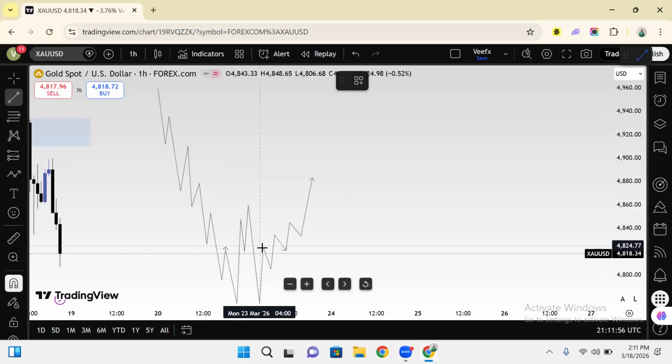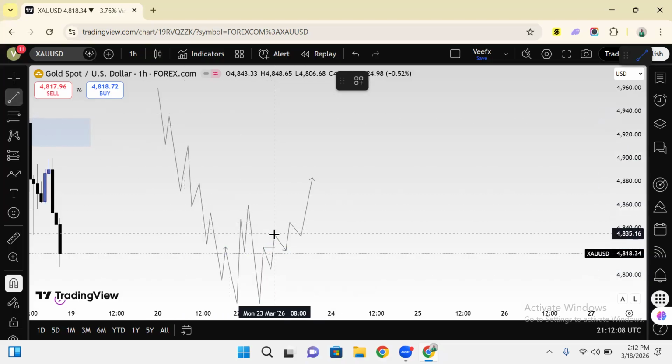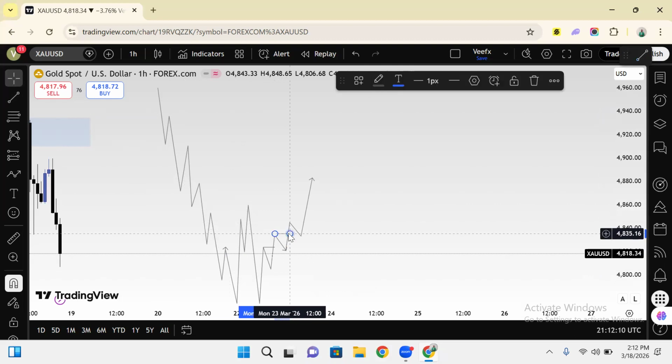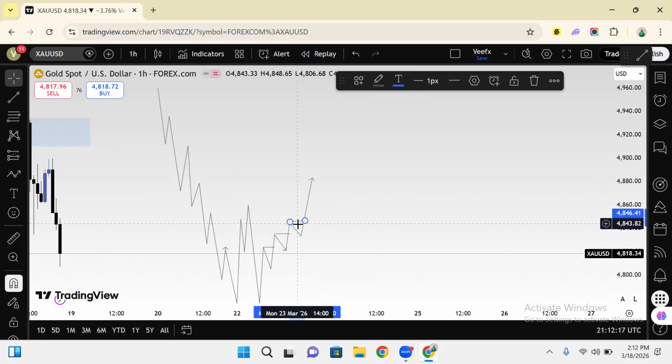So here, this is a single break of structure. Remember the previous class, I showed you guys about break of structure. That's a single break of structure. This is also a single break of structure, and this is also a single break of structure here. This is not yet a multiple break of structure.